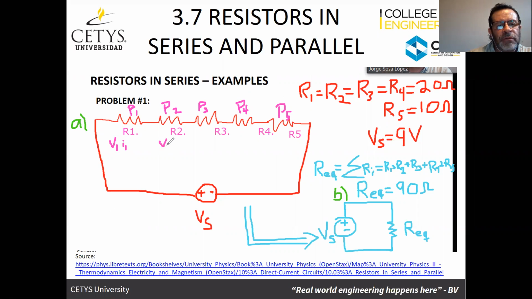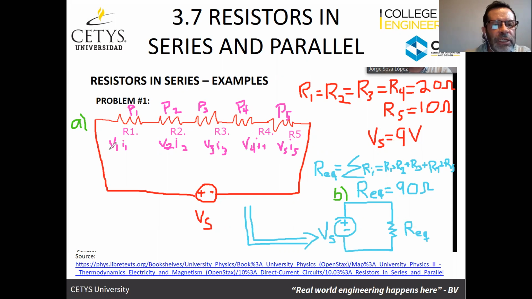Power 2 is going to be voltage 2 multiplied by current 2. Power 3 is voltage 3 multiplied by current 3. Power 4 is voltage 4 multiplied by current 4. And power 5 is voltage 5 multiplied by current 5.